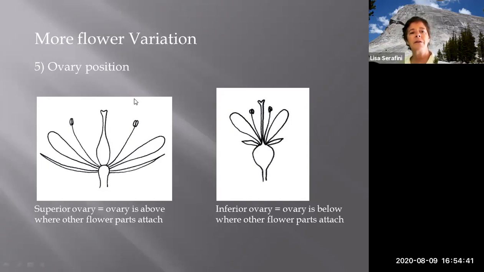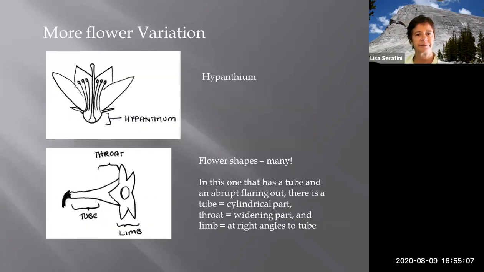So if you have the ovary above where the other flower parts attach to the receptacle, then that ovary is said to be superior. It's above where the other parts attach. But if it looks like the flower parts are coming off from above the ovary, so the ovary is below, then we say that the ovary is inferior. Okay? Superior or inferior ovaries.